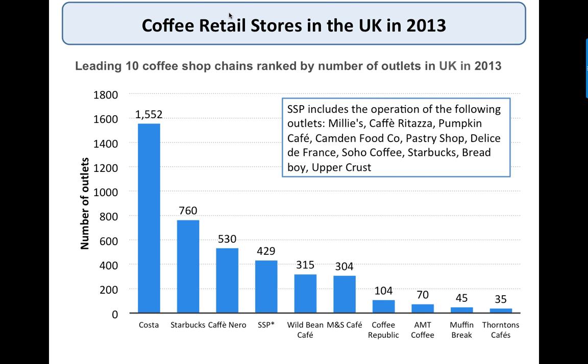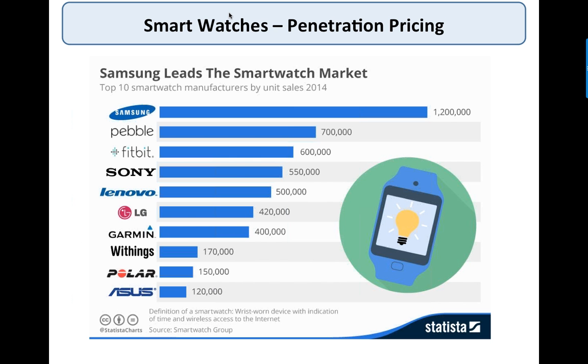Costa has become a big player in the market, but again, is it a profit maximizer? It's making significant returns on capital for its parent business, but is it a maximizer? No, it's a profit seeker. It's a market grower, but I don't think you can say it's a profit maximizer.